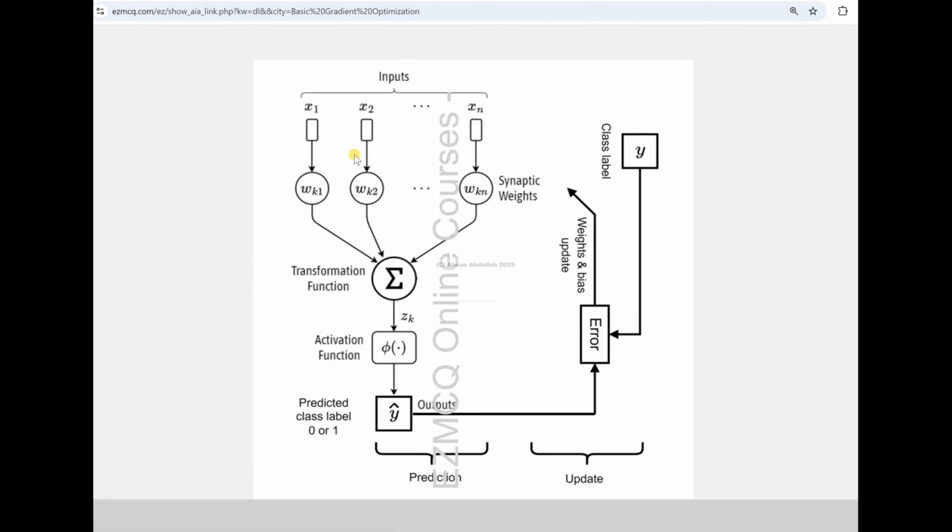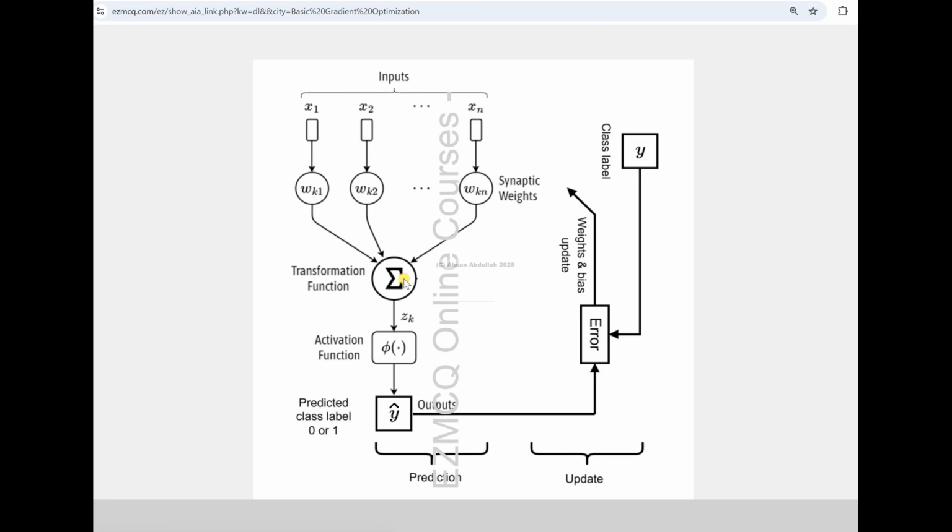These are the inputs, and these are the weights. Weights are how much significance you give to a certain input. Then we have the transformation function, which is a linear operation.